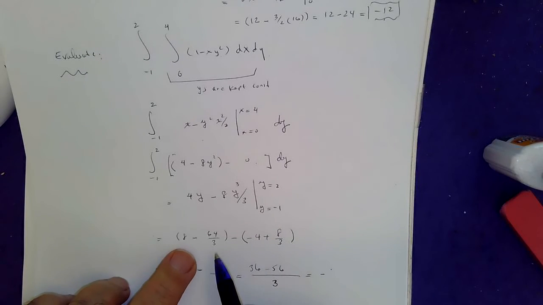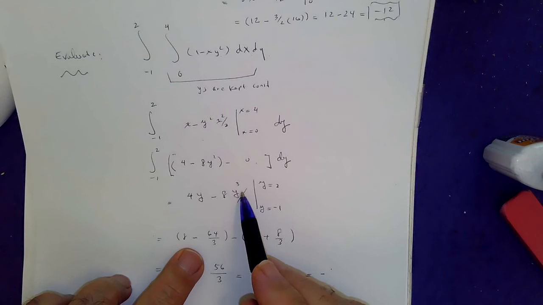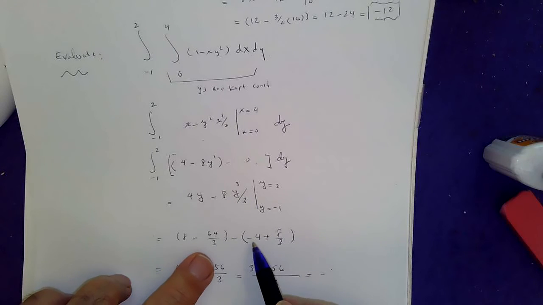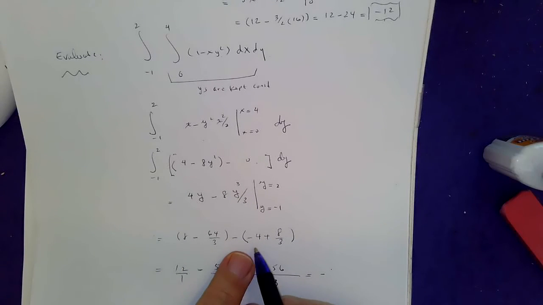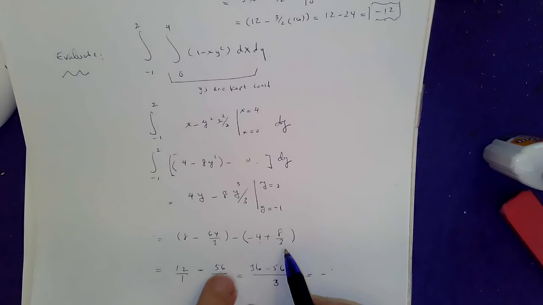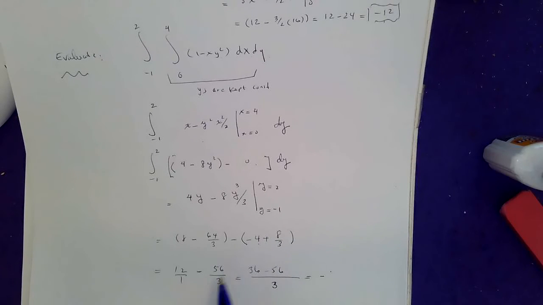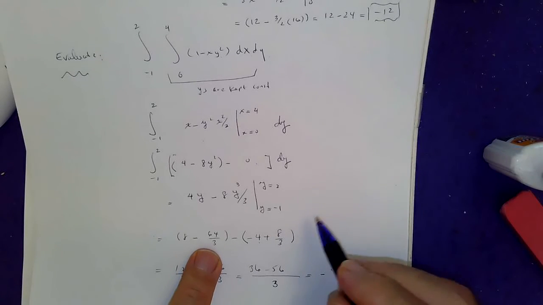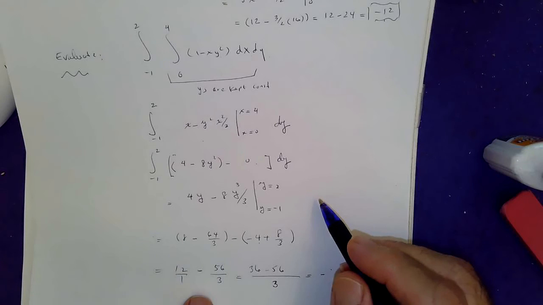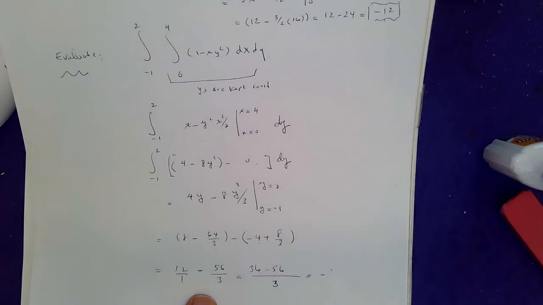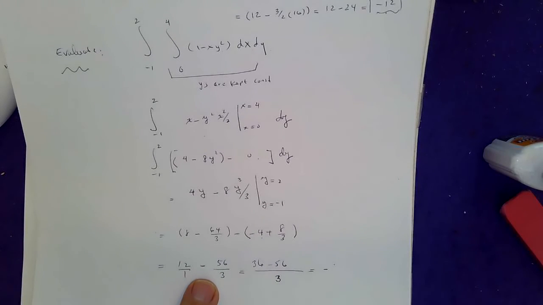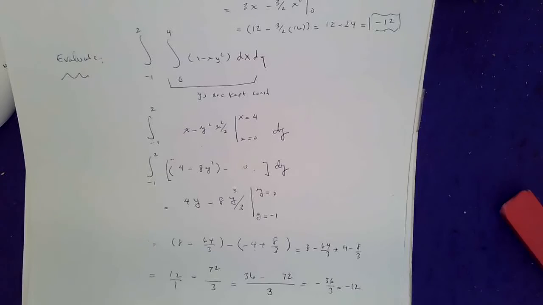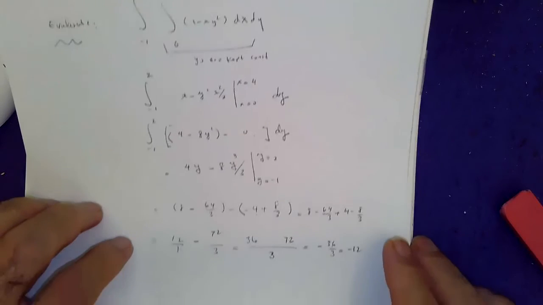Is that right? Let me just make sure. That's 8, 64. This guy is minus 1. And this guy is positive 8/3. So that's positive 12 minus, okay, sorry about that.